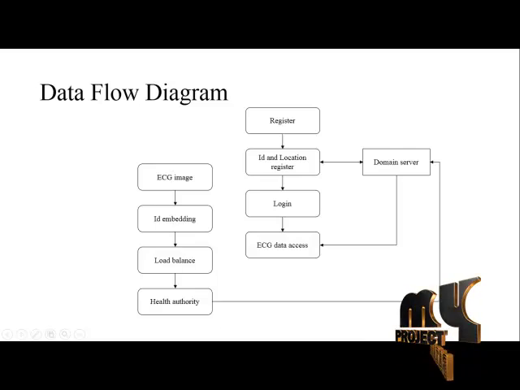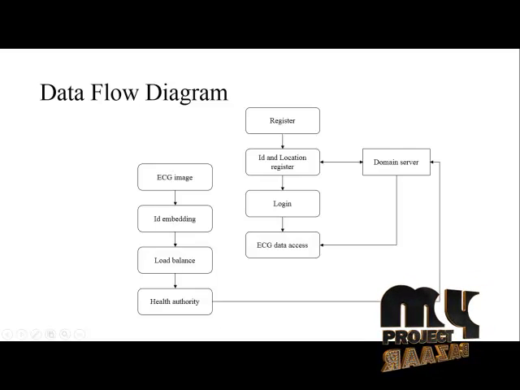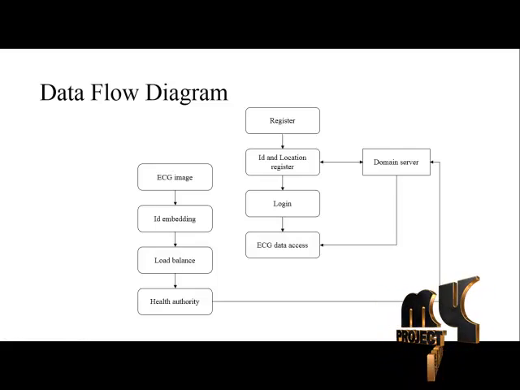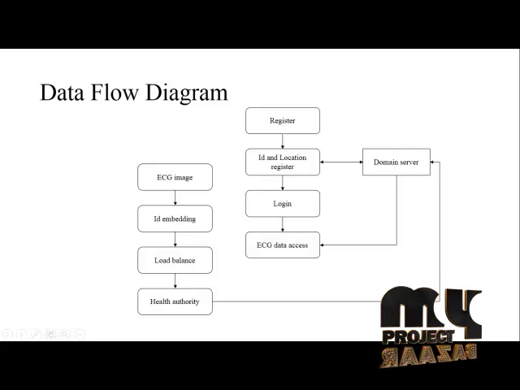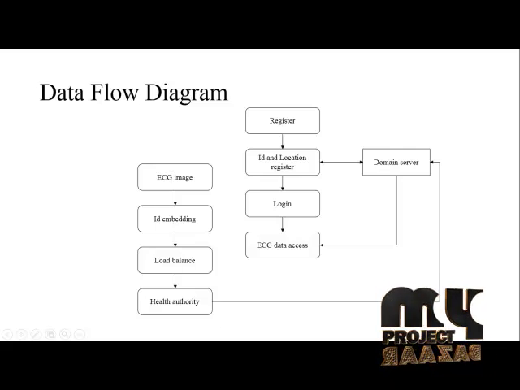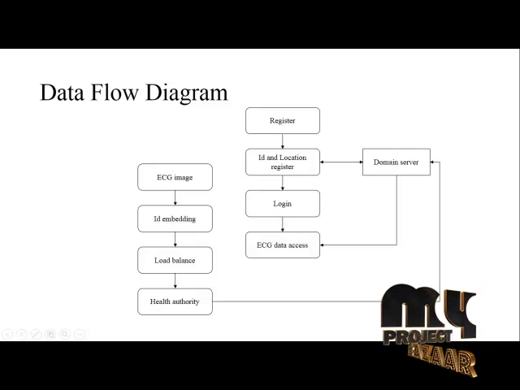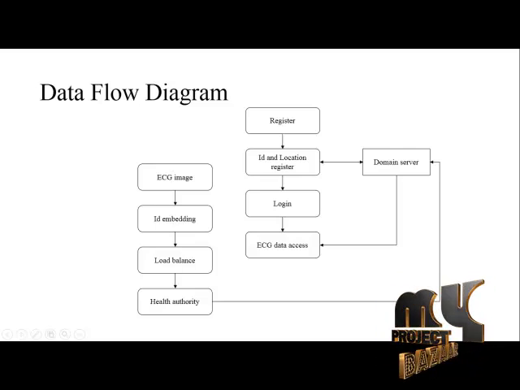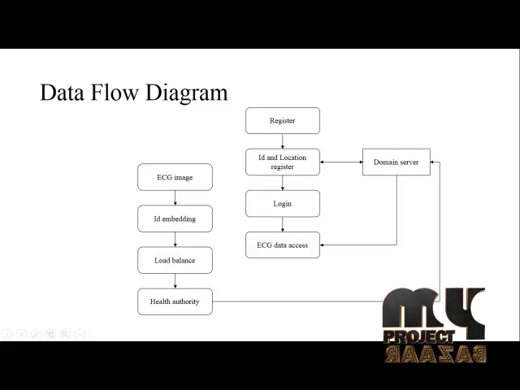The health authority stores the ECG data in the cloud server, where the ID is embedded into the cloud image, with load balancing across the cloud servers. After that, it is sent to the health authority.